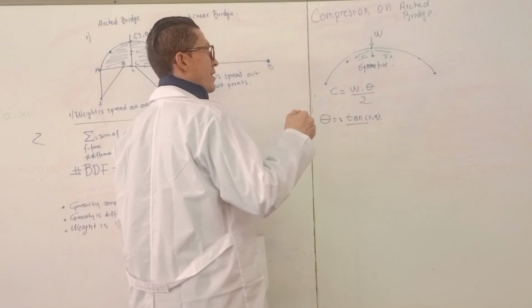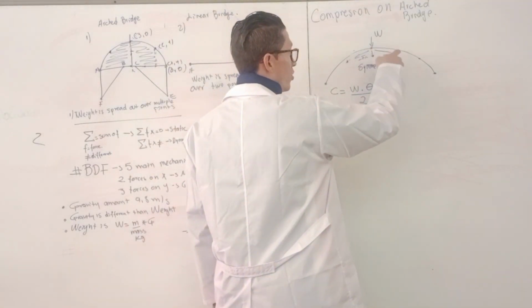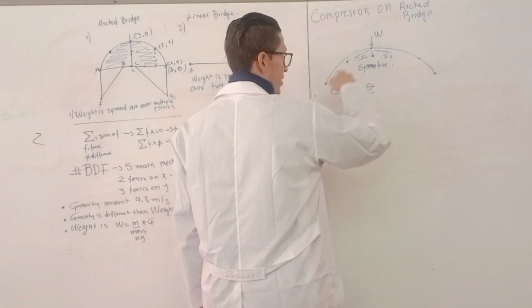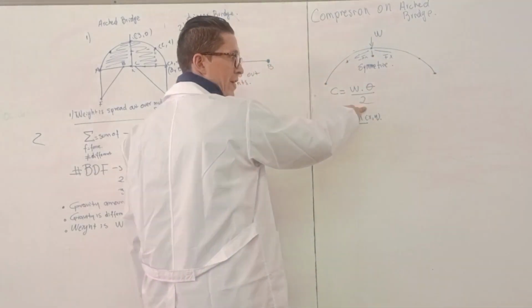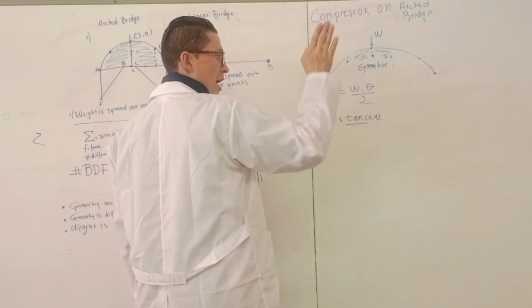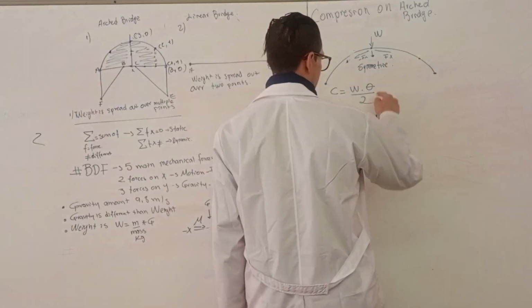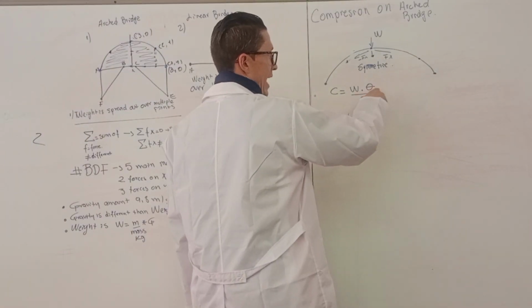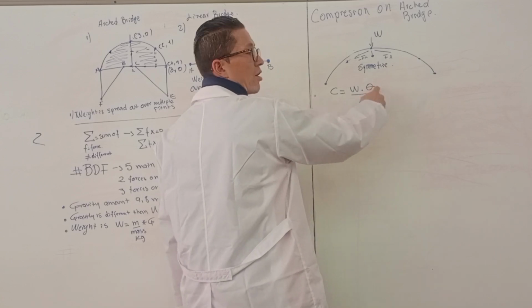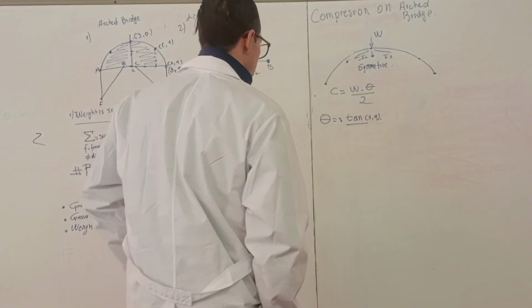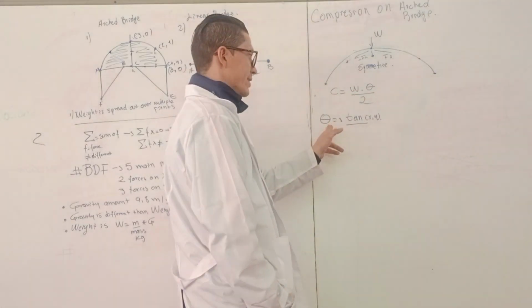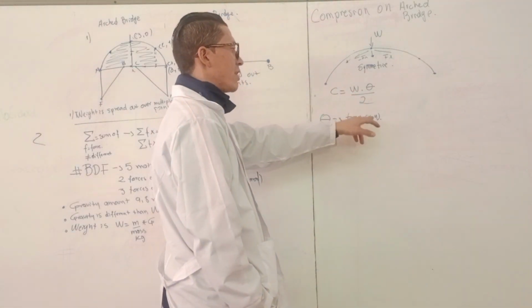If there are 2 symmetric points, in this case this and this, it's going to divide by 2, or it's going to have half of the real amount. In this case, this angle, you're going to recall this. What is this angle? This angle is related to the tangent of the x-way.